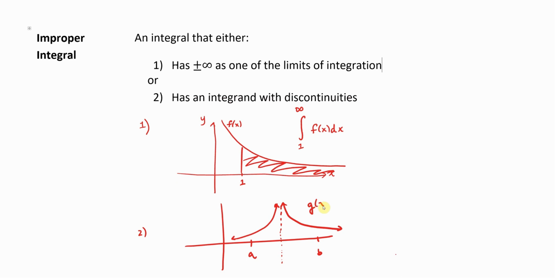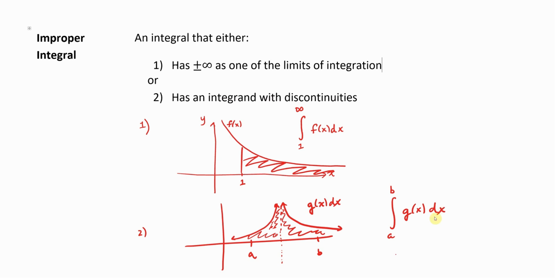Let's call this one g of x dx. Now, this vertical asymptote complicates things because you have this area here, but this area suddenly spikes up to infinity, and on the other side as well. So in both cases, these are considered improper integrals.